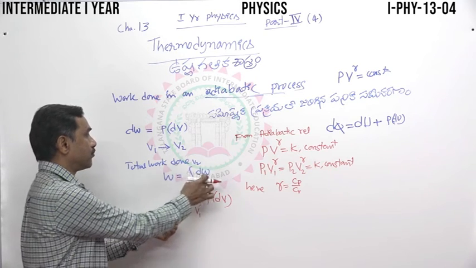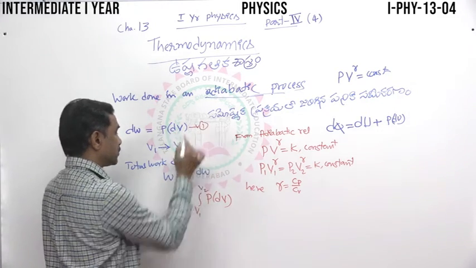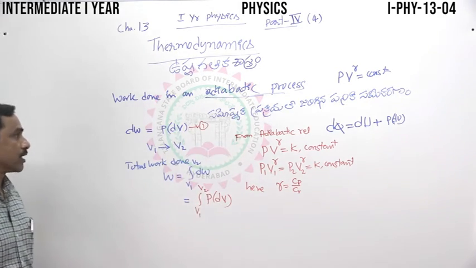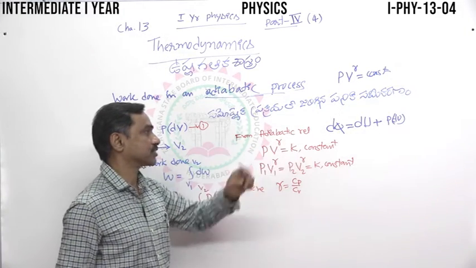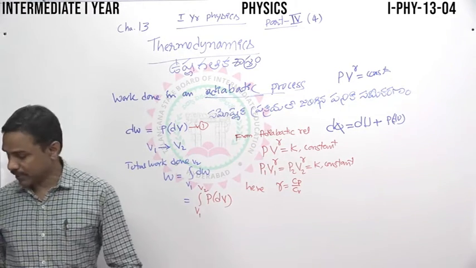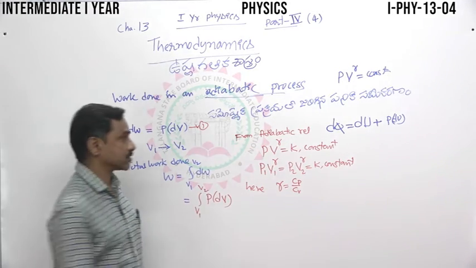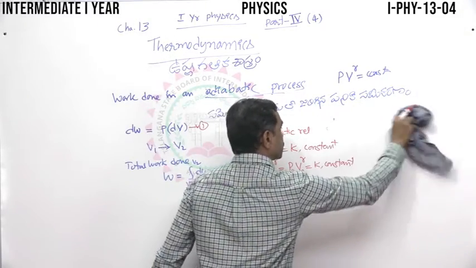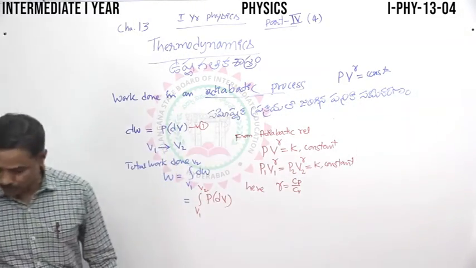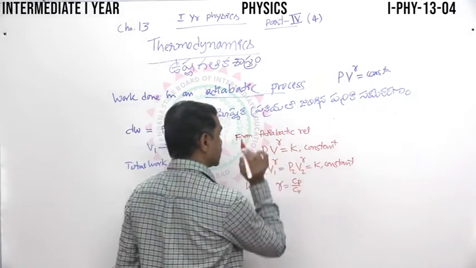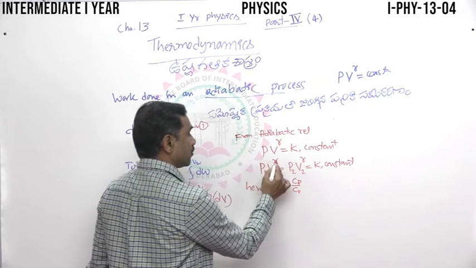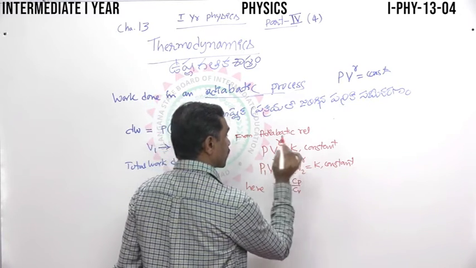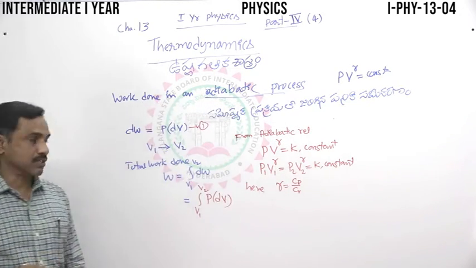Now, in equation 1, the value of dW is PdV. But the adiabatic relation, as we already discussed in the previous part, is PV to the power of gamma equal to K, a constant, or P1 V1 to the power of gamma is equal to P2 V2 to the power of gamma, that product remains constant.